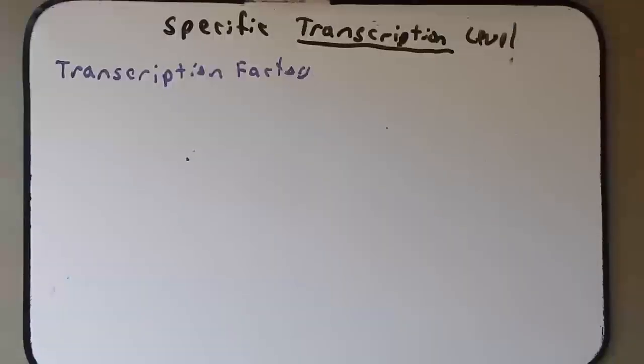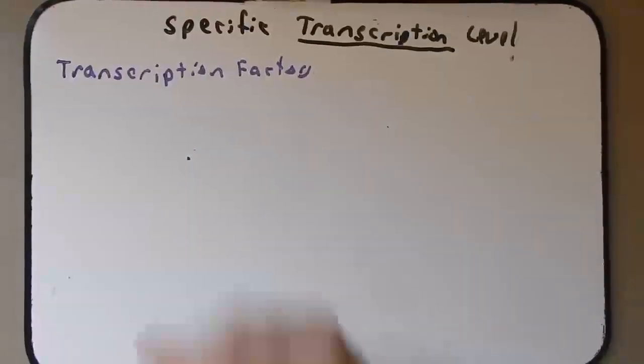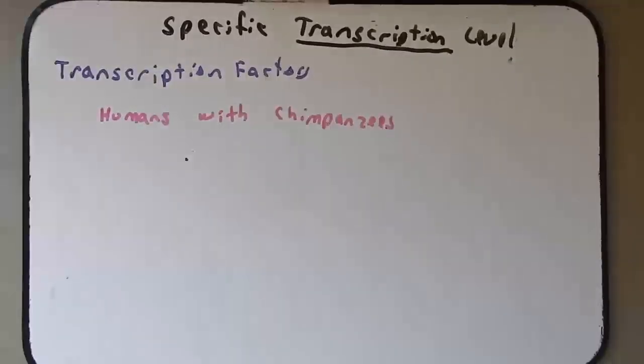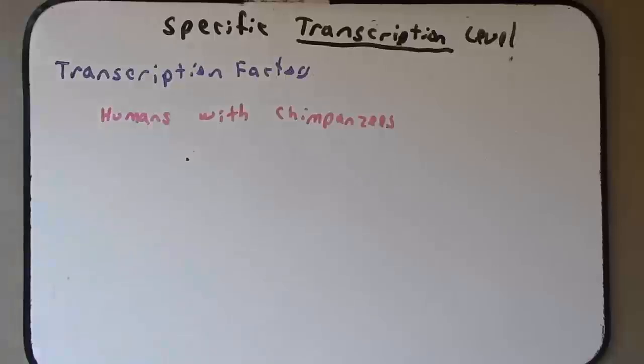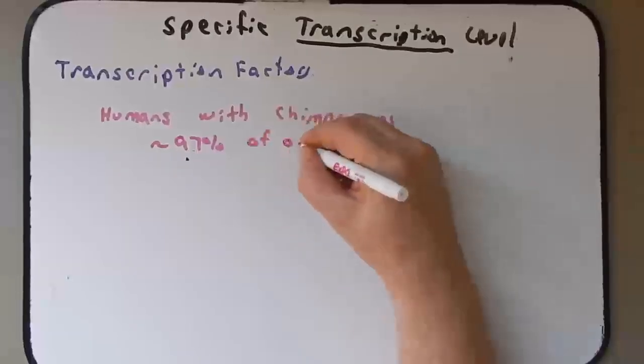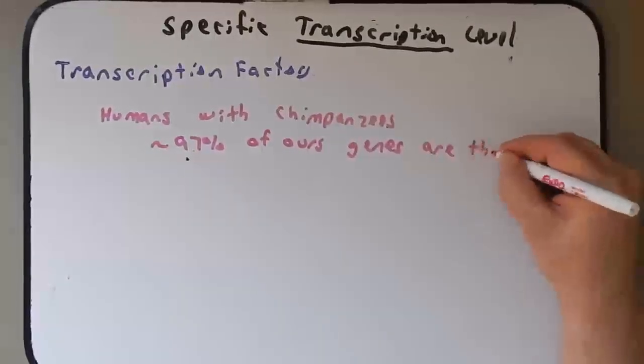And we know that transcription factors are very important. And we know they're important not only because we know they turn on genes, but when we compare, let's say, humans with chimpanzees, one thing that we know, and you've probably been told many times, is that approximately 97% of our genes are the same.